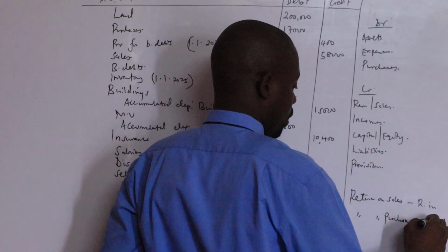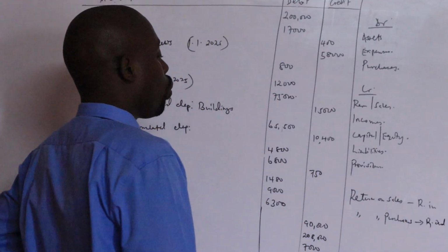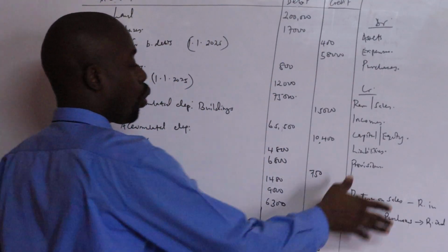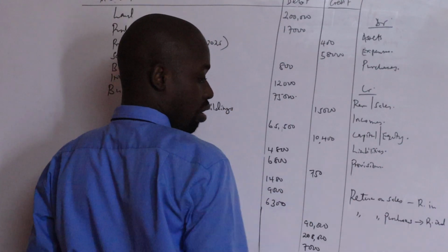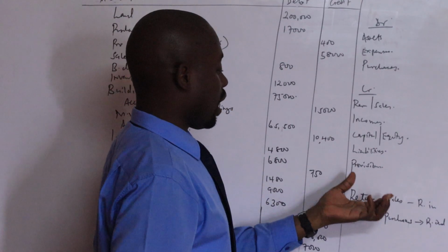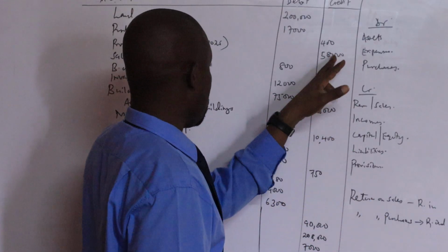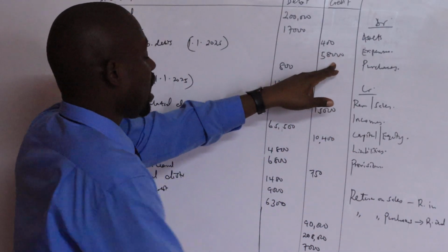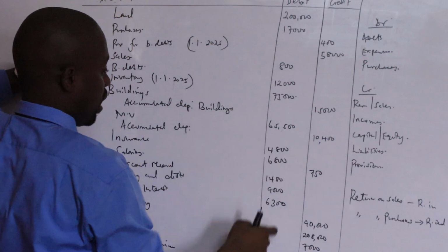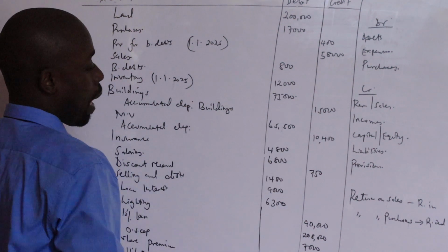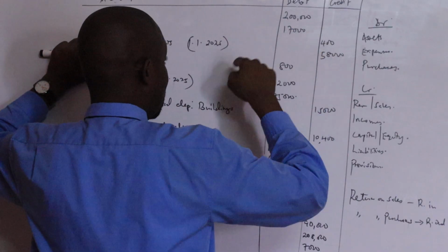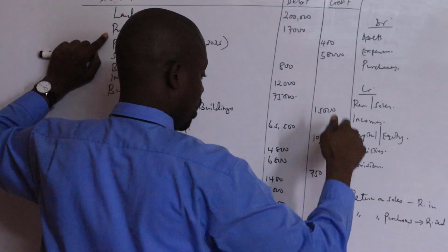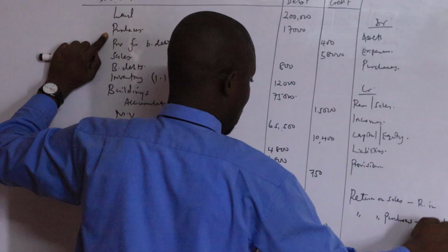Return outwards. The returns will always appear on the opposite side of the corresponding account. So sales have credit balances like this one. The return for sales will always appear in the debit column. Purchases appear on the debit like this one. If you see a return here with a credit balance, know that that's a return outwards.